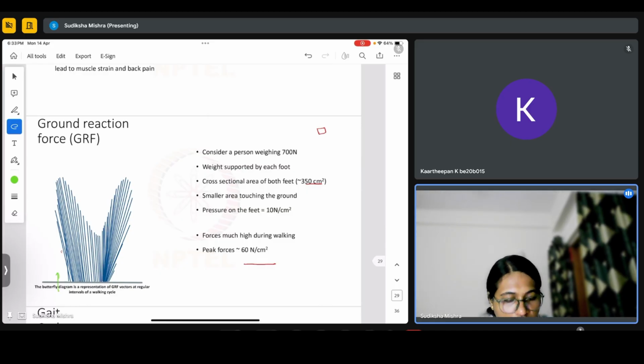Okay, so if a person weighs around 70 kgs, their weight will be around 700 newtons.